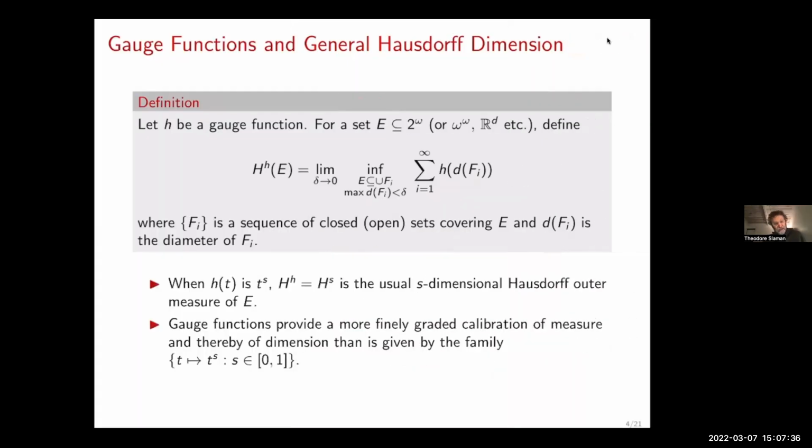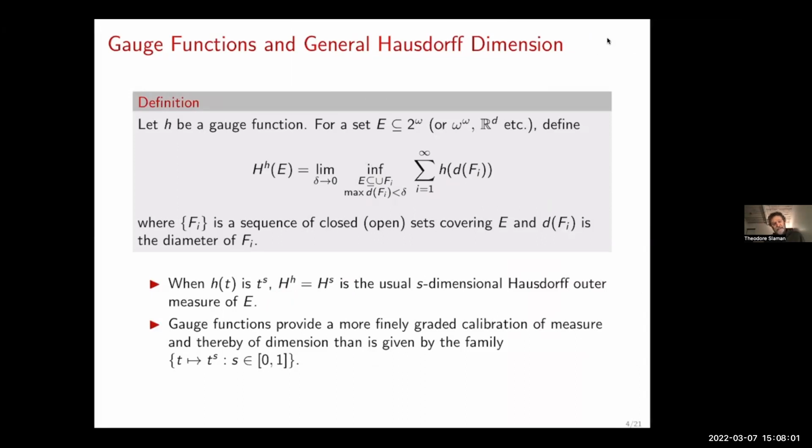Okay. When you look at the example that we just discussed previously, when h of t is t to the s, then this quantity we just defined, the h outer measure, is the usual s-dimensional Hausdorff outer measure of the set E. So this is a generalization of what may be more familiar.